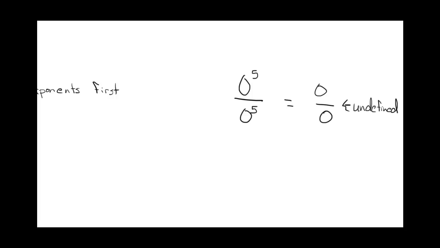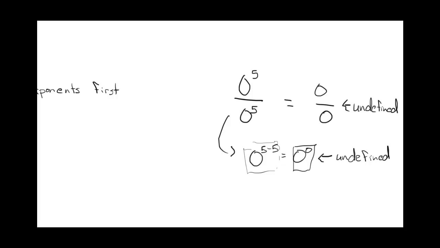So you can't use the division law. By exponent laws, 0 equals 5 minus 5, 0 to the power of 0. So just like this is undefined, this is undefined. Although technically even doing this would be wrong because it was meaningless to begin with. So that's all you need to know about zero exponents.